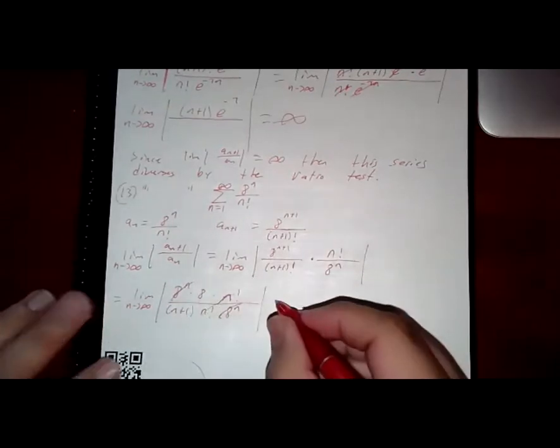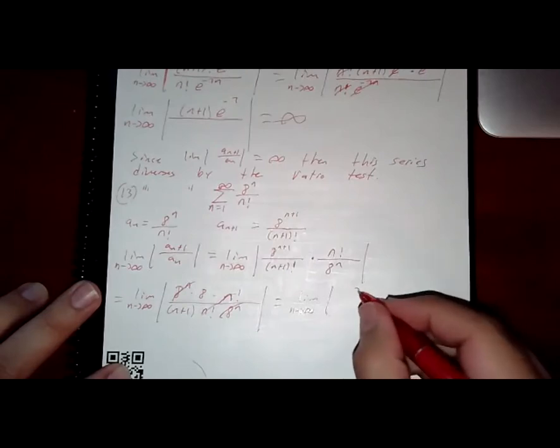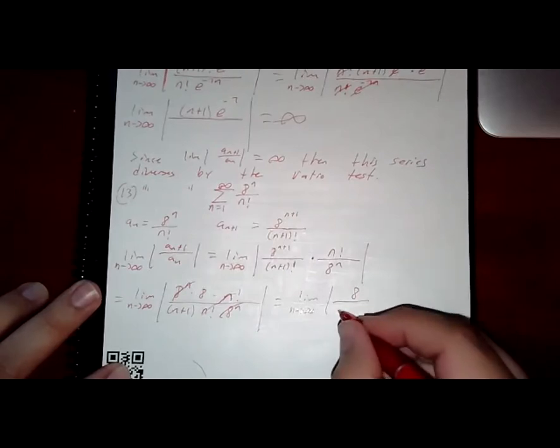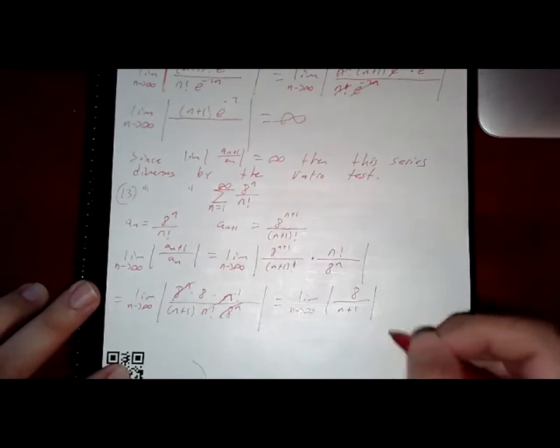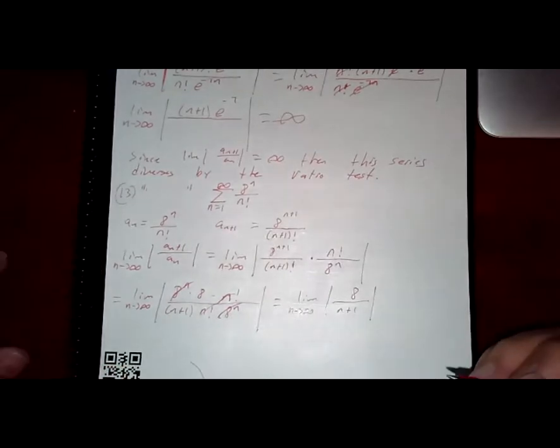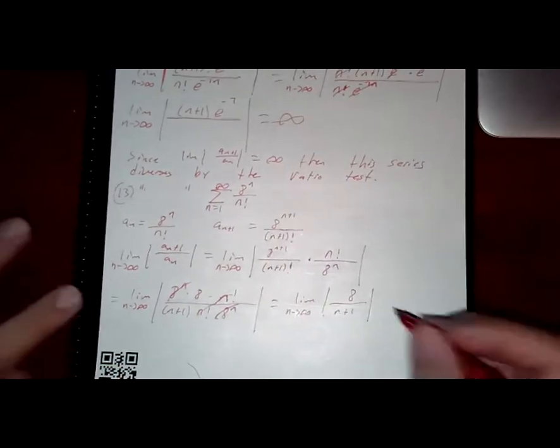So we'll cancel our like terms, which will leave us with the limit as n approaches infinity of 8 over n plus 1. So what is this limit? 0.